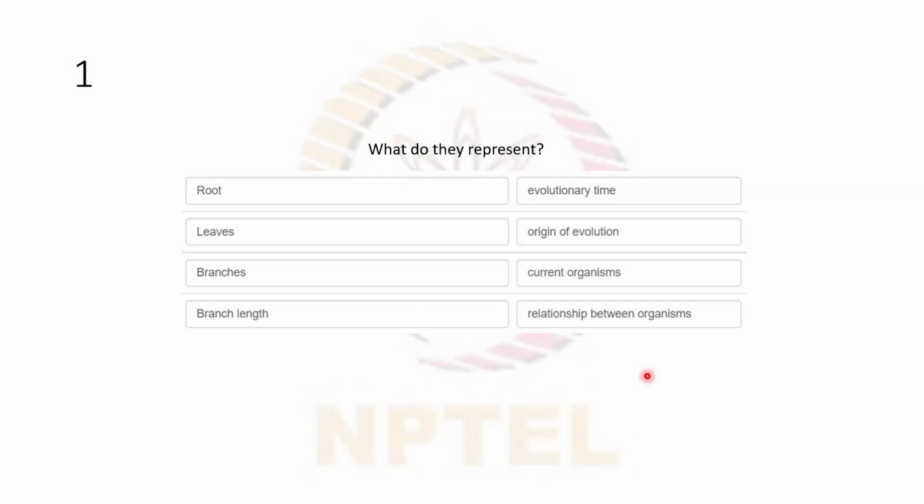Next, let me start with a quiz. This is a match-the-following question.